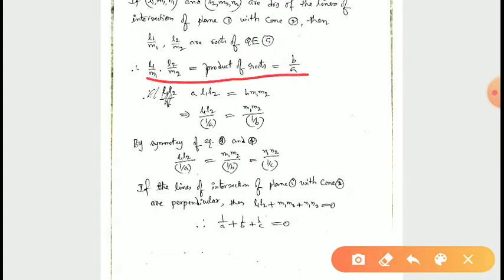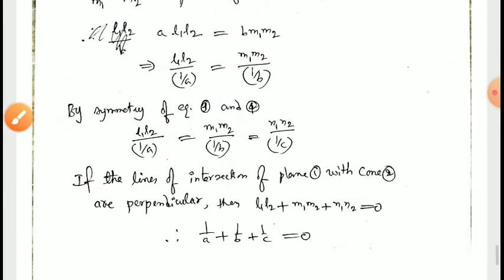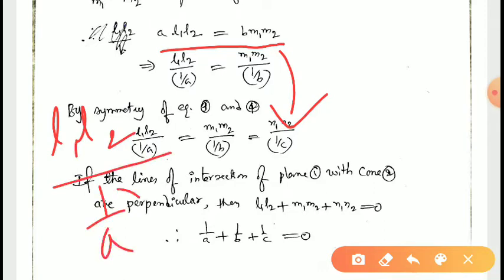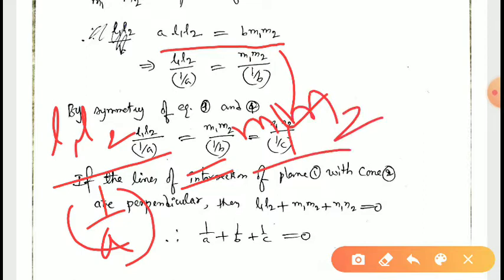From this equation we can write a L1 L2 is equal to b M1 M2. Therefore, L1 L2 by (1/a) is equal to M1 M2 by (1/b).